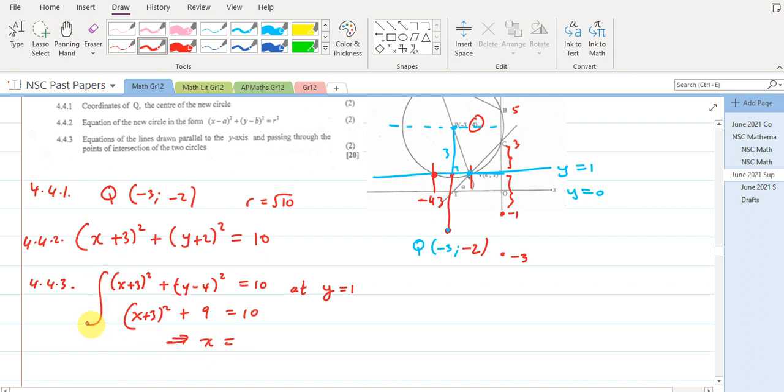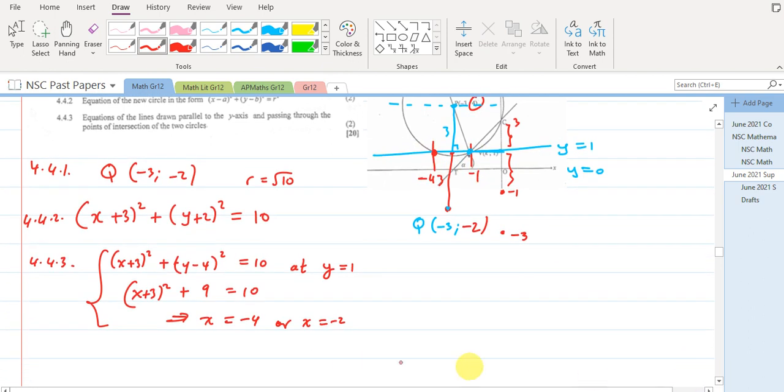So this is already solved, so we don't need this. Just x is equal to minus 4, x is equal to, instead we had a k there, x is equal to minus 2. So those are the vertical lines where it's intersecting at y is equal to 1. So minus 4 and minus 1 here. And the equation of the lines drawn parallel to the y-axis and passing through the points of intersection of the two circles.